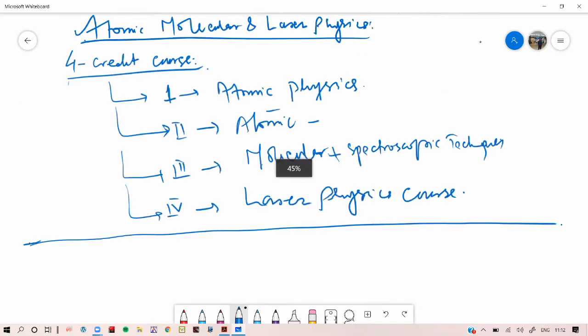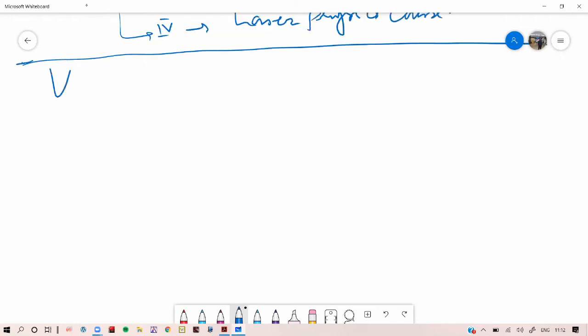So, unit 1. Unit 1 is basically about atomic physics actually.